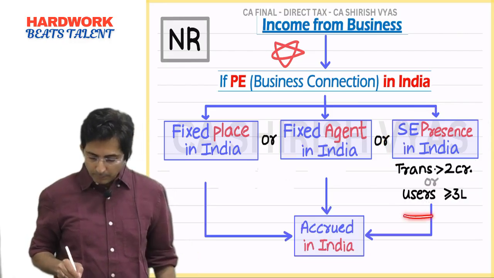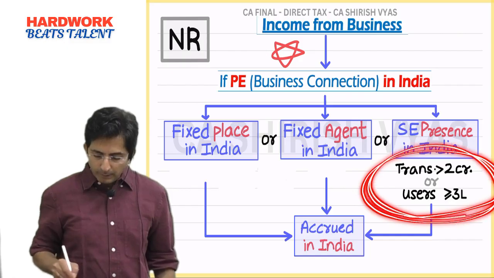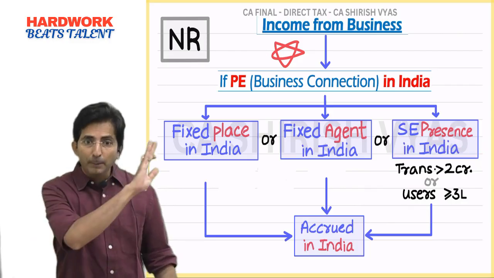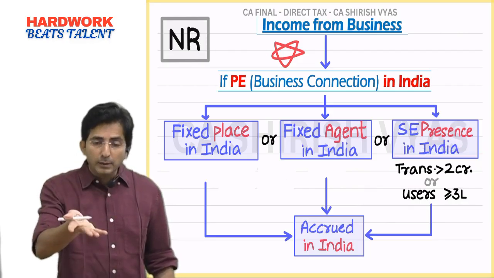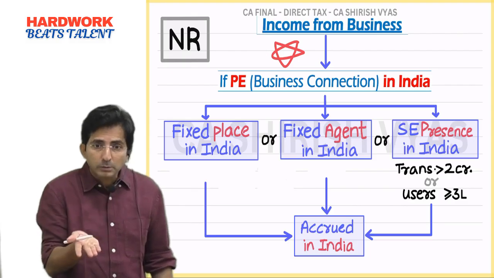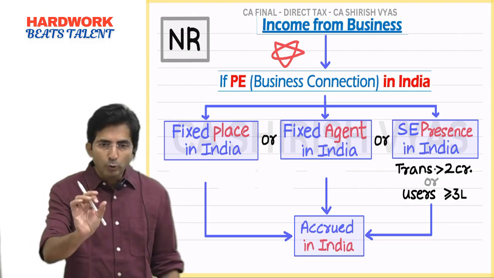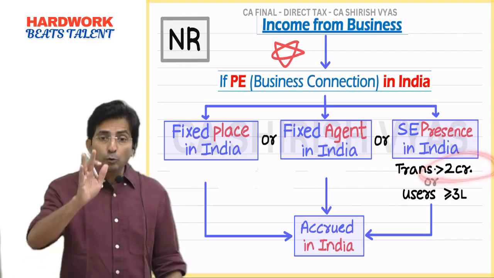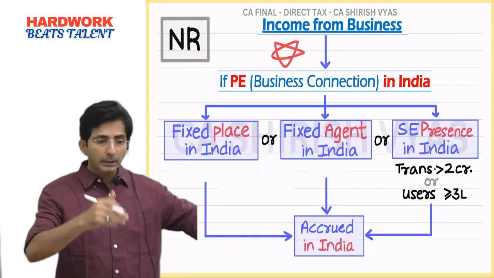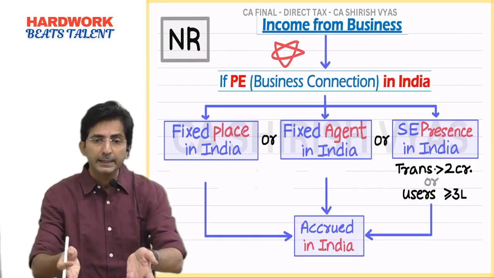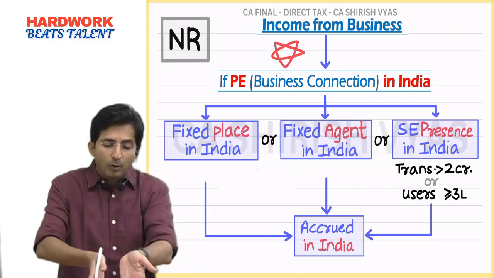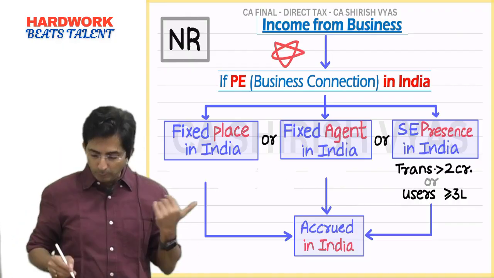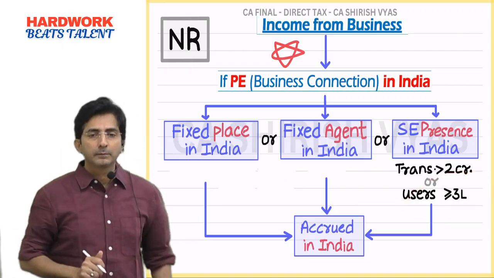Look, in India you have done transactions of more than 2 crores. Means you are of Singapore, with India you have done transactions of more than 2 crores. That means you didn't do just a few transactions. You did transactions of more than 2 crores. Or even if you don't do any transaction in India, on some social media platform you have got more than or equal to 3 lakh users.